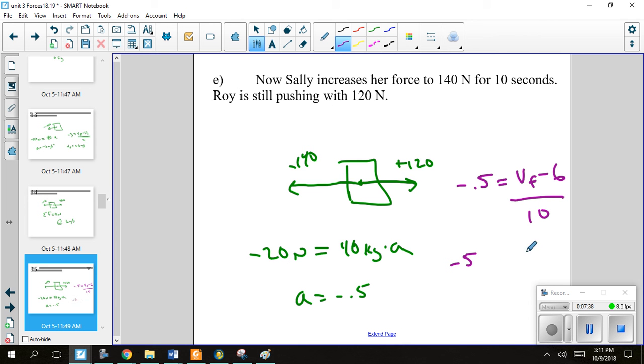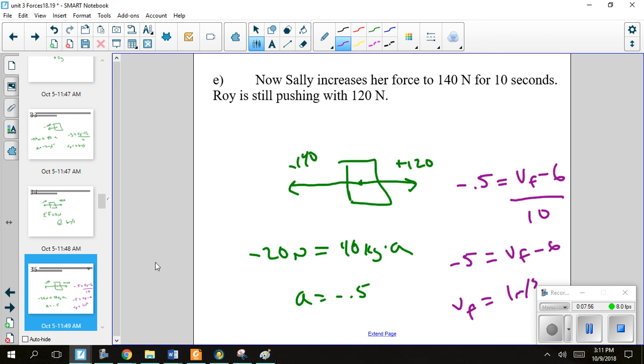So we get negative 5 equals velocity final minus 6. Still moving forward, but not for much longer.